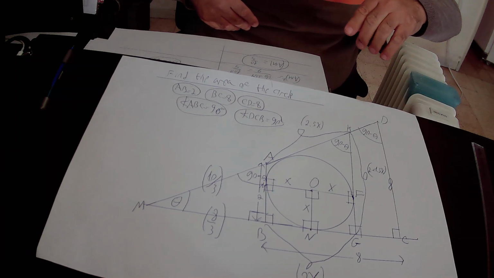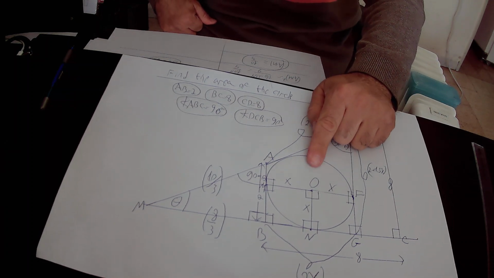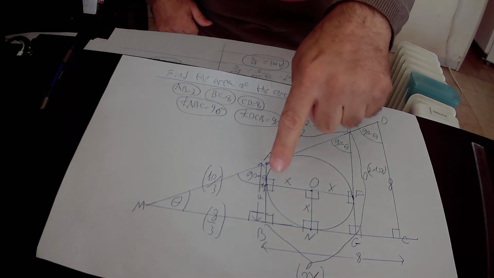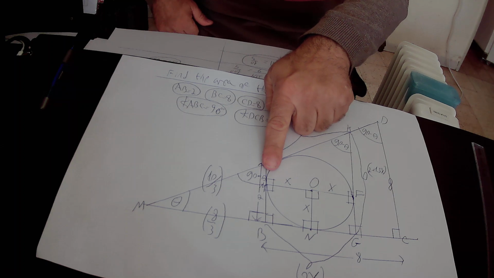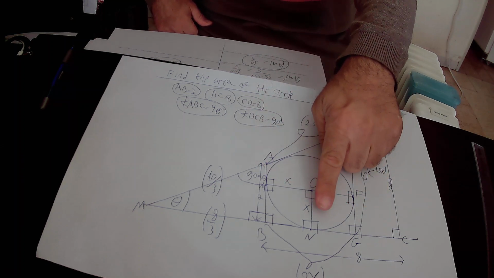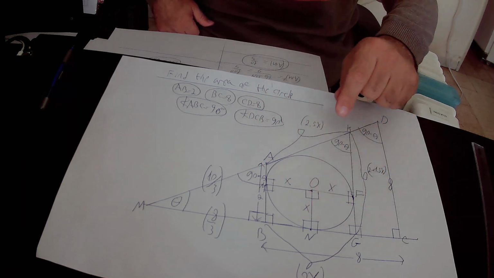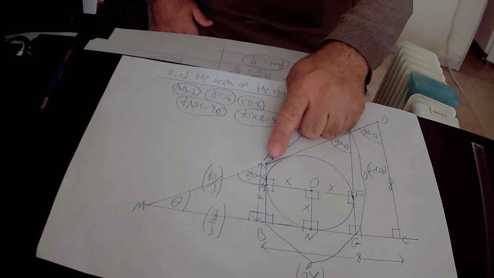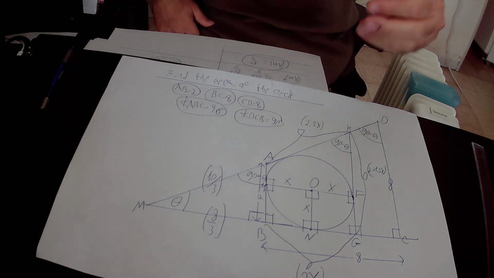Why? Because here the center of the circle is at point O. Then AB is tangent to the circle at point M, and BG is tangent to the circle at point N. Point O is the center of the circle, point M is a point on the circle itself. This is exactly the definition of a radius.